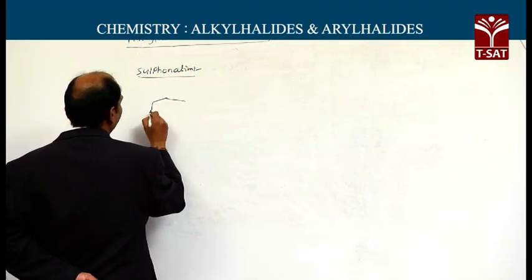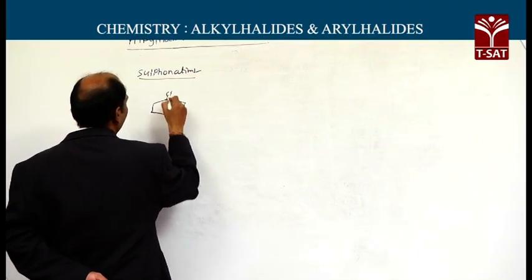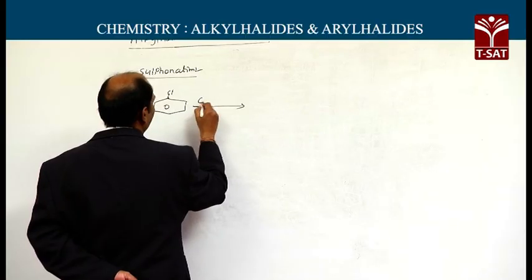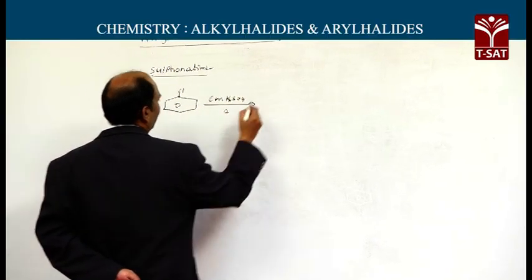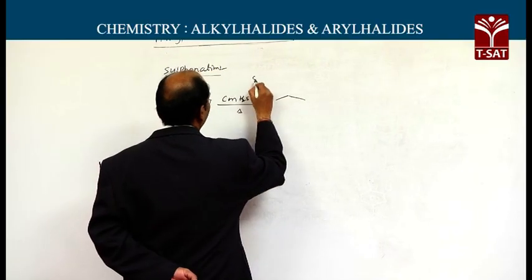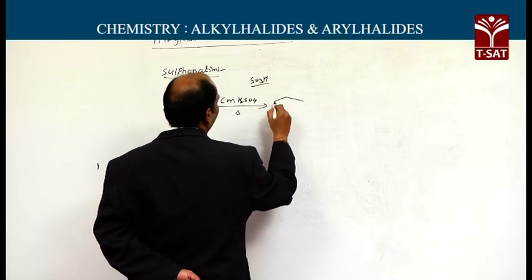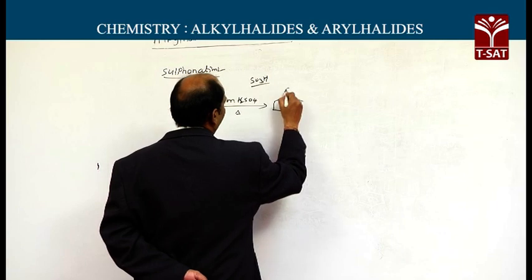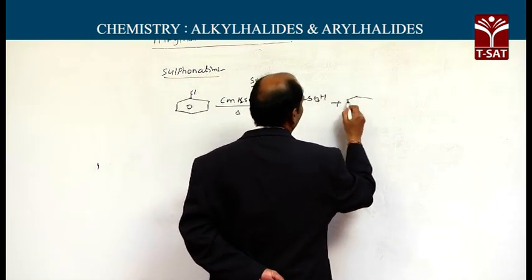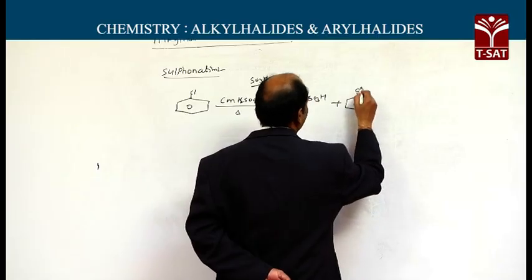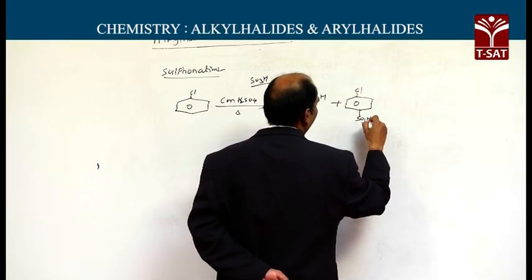When chlorobenzene is treated with concentrated sulfuric acid on heating, the electrophile is SO3H, which attacks at the ortho position and also at the para position. This is ClSO3H.